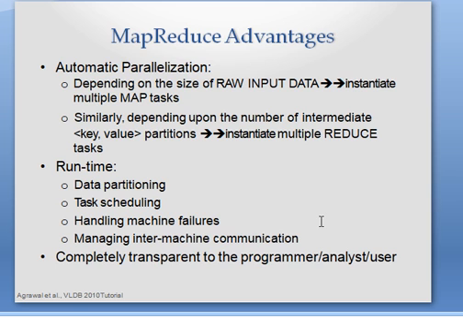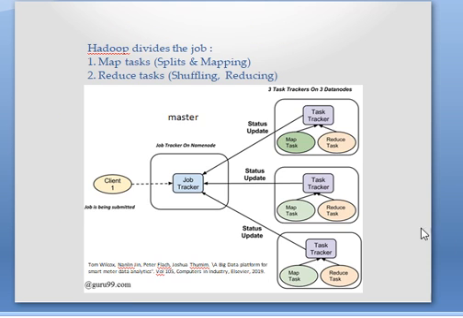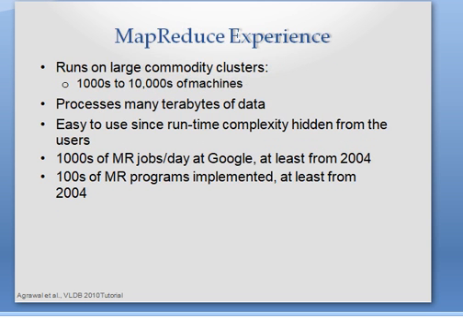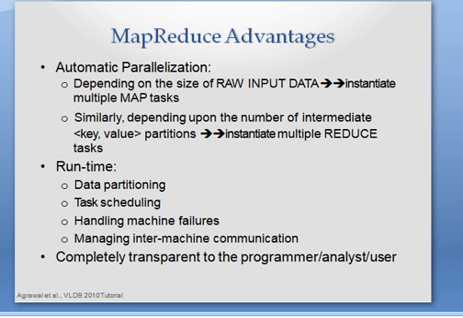We have managed inter-machine communication because, as we have seen before, each task tracker also needs to update the master job tracker with information, so they communicate by network.